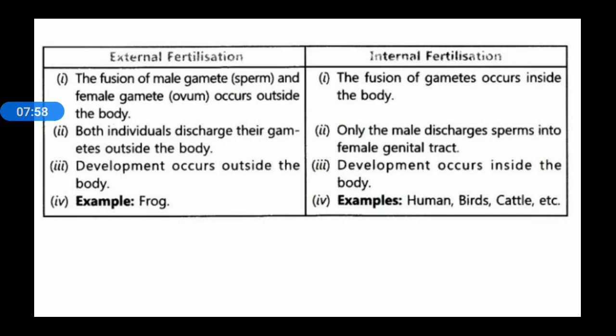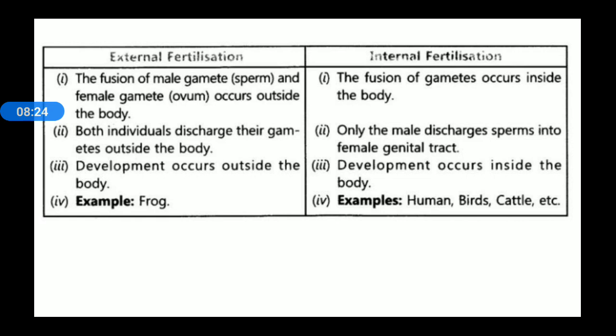Yes, next, this is an important question for the CBSE exam. Difference between external and internal fertilization. Fertilization may take place in external media, in water, or inside the female body. So this is the tabular difference between external and internal fertilization.